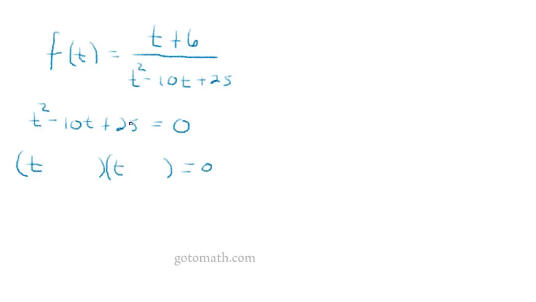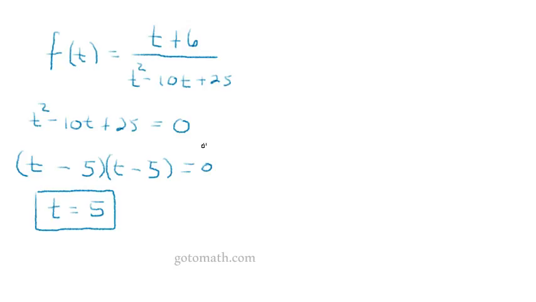Two numbers multiplied together give you 25, and when you add them, you get negative 10. How about a minus 5 and a minus 5? So the only thing we can plug in to get 0 is 5. So t is equal to 5 will be our vertical asymptote.